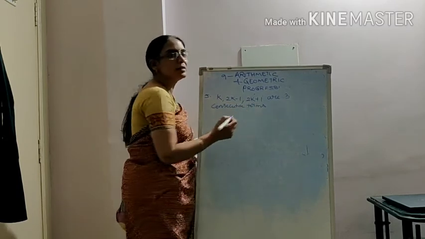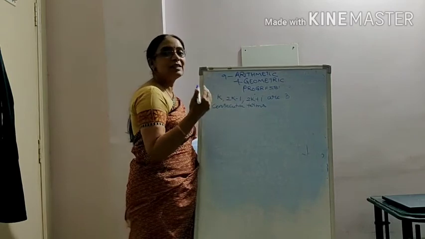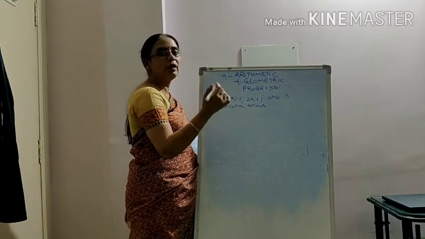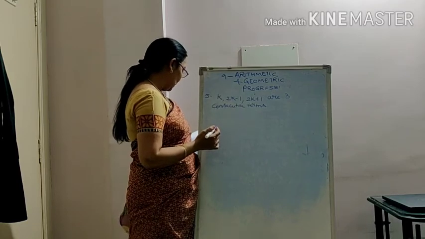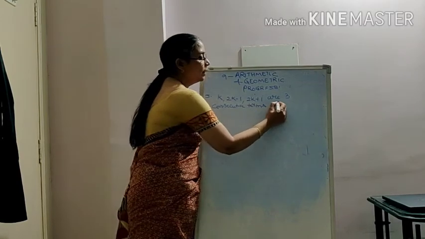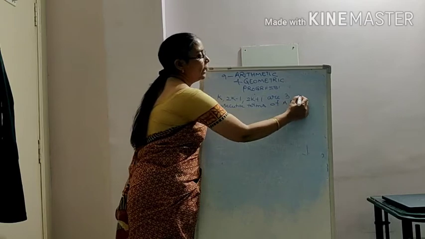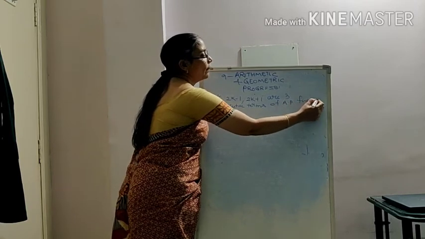Consecutive terms means one after the other, numbers which are succeeding one after the other, like 2, 3, 4. If they are in AP, he wants the value of k.